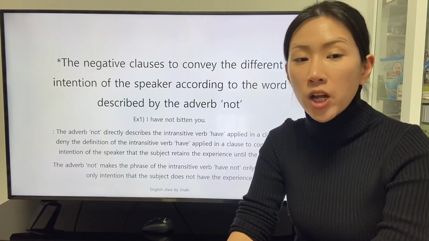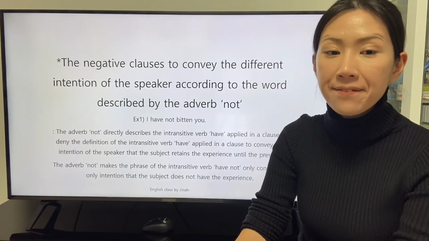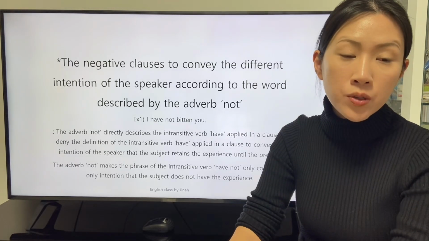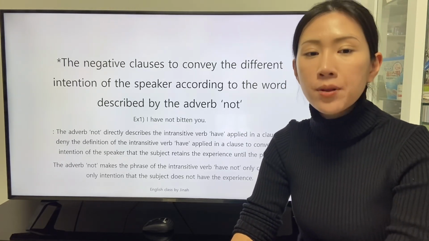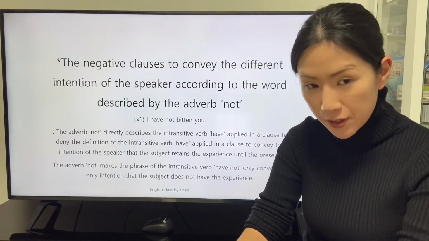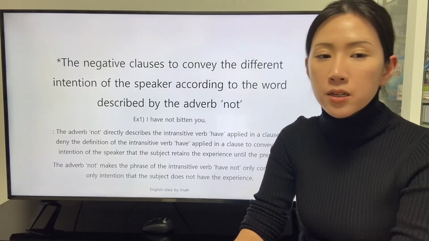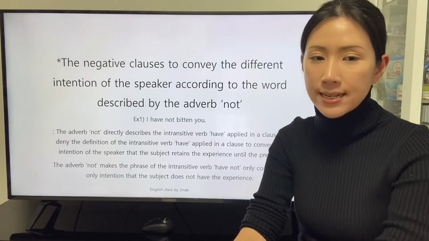The adverb not directly describes the intransitive verb have applied in a clause to deny the definition of the intransitive verb have applied in a clause to convey the intention of the speaker that the subject retains the experience until the present.